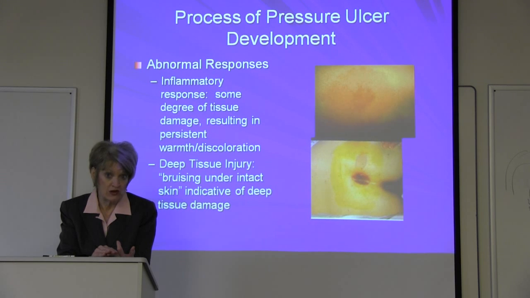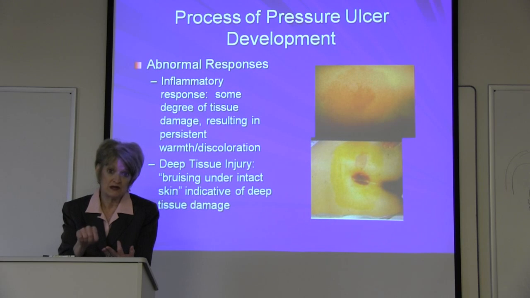So your goal when you see a stage 1, the reason you want to make it a big deal for your staff is we've got to get in there, we've got to be very aggressive, we've got to keep the patient totally off of that area until all of the erythema has resolved. As long as you have erythema, it's a warning sign that repair is underway.